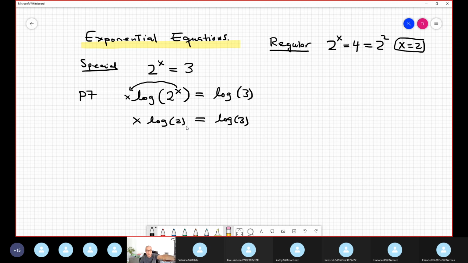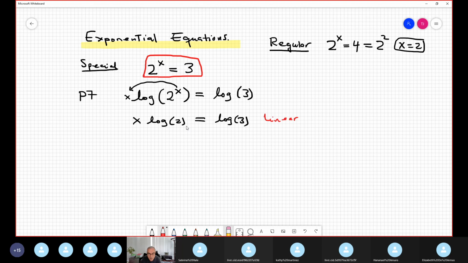And this is really amazing. It's really magic because the logarithm allows us to convert this equation, which is exponential because the unknown is located in the exponent, into another equation that is not exponential, it's a linear equation.